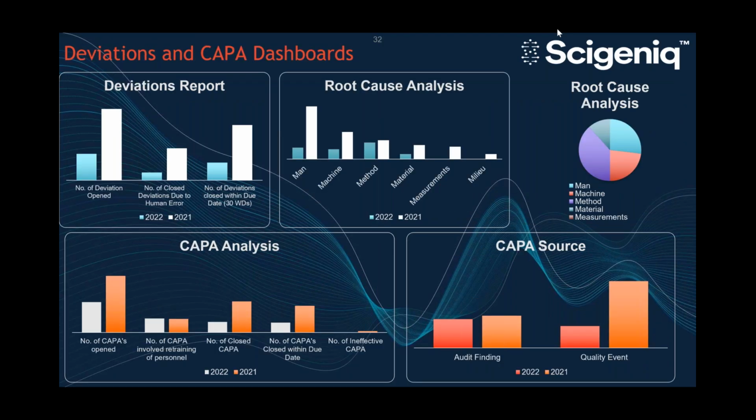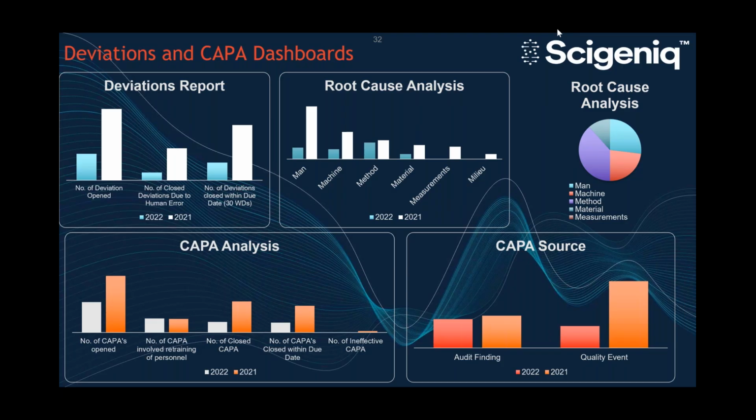Okay, so you can see also some metrics on your deviations and CAPA, the number of open deviations. You can compare years as well. You can also compare the deviations coming from human error. This is a hot topic, as most of you know, and see how you are doing. Are you improving or not?